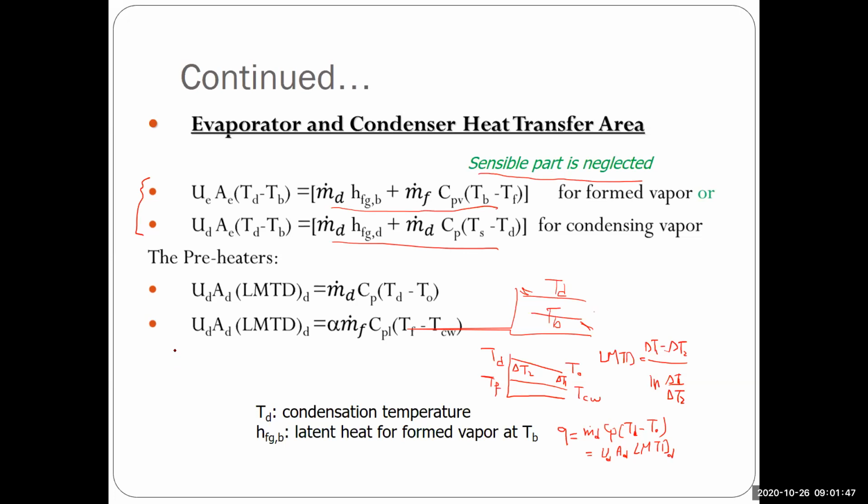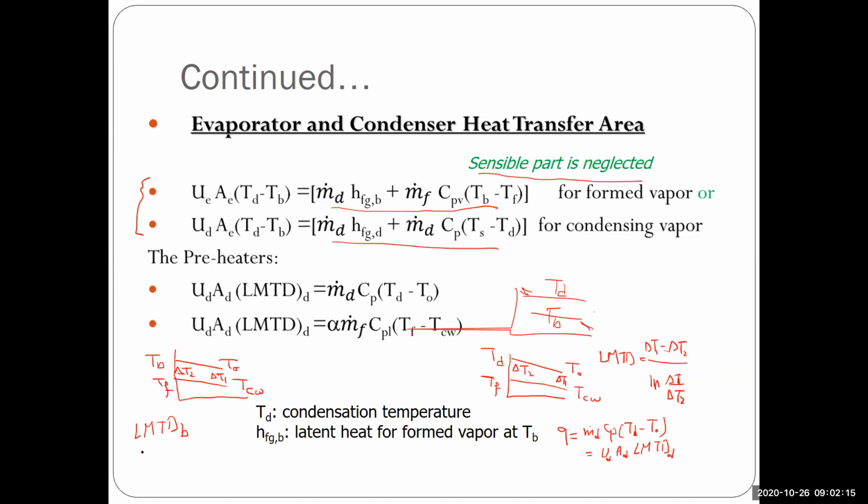On the other hand, for the other heat exchanger, where the brine is going to be cooled down from T brine to T naught, heating the feed or part of the feed from T cooling water to TF, again here we have delta T1 and delta T2, and then we calculate the log mean temperature difference for the brine preheater.